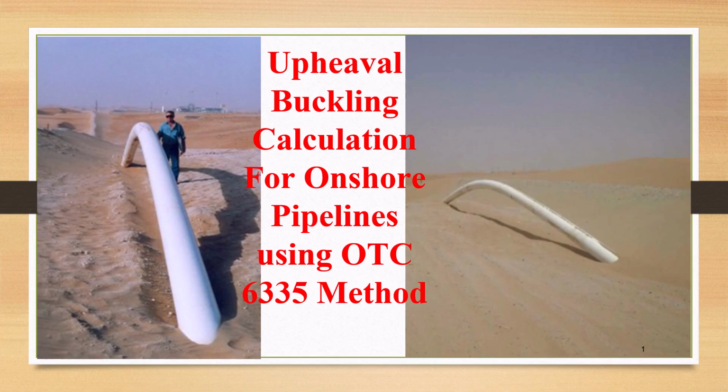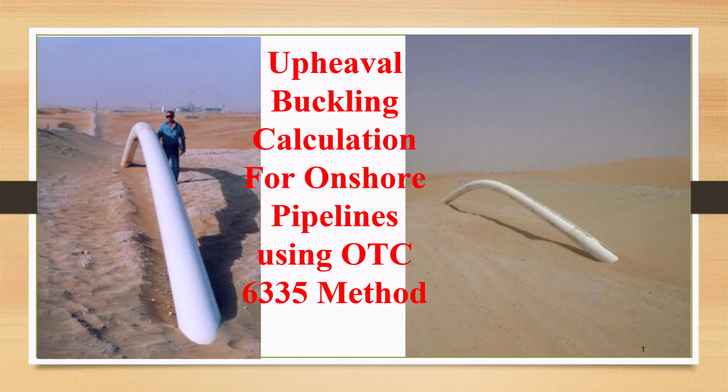In this image, you can see two pipelines which have moved vertically upward from the soil. In the actual installation stage, the pipeline was installed buried. But due to some reason, the pipeline has moved or displaced in the upward direction to cause a bend, as you can see here.